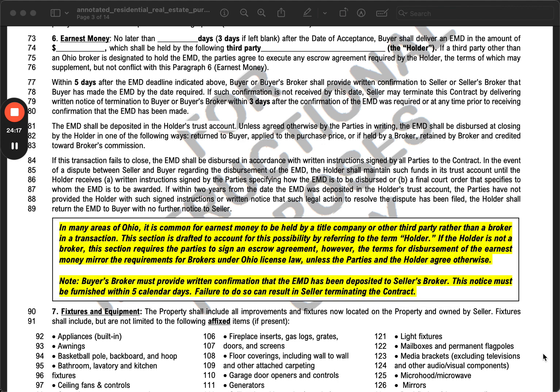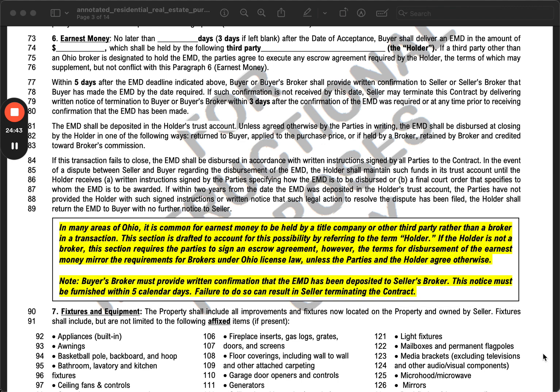So, in this example, if 5 days was put in there, on days 6, 7, or 8, if the earnest money had not been deposited by the end of the 5th day, the seller has the right to terminate this purchase agreement. But they have 3 days to make that decision. They can decide by the end of the 8th day.